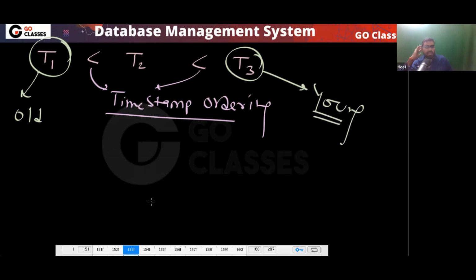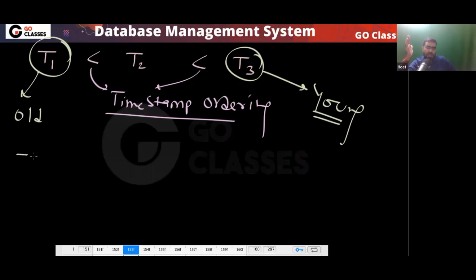Now let me assume that T3 dies. If T3 dies, it comes back after some time with a new timestamp, then there is a problem. What is the problem?